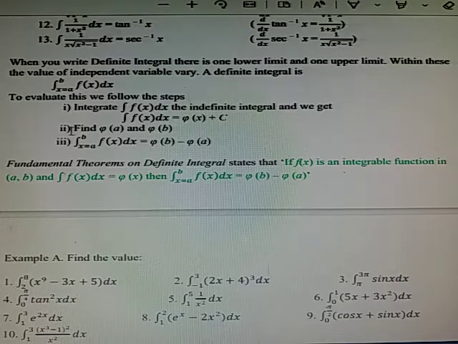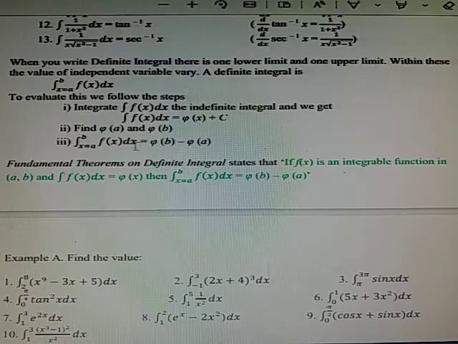Then you have to find phi b. You place b here, the upper limit, so it is phi b plus c, because c is a constant. And next you write phi a, because a is the lower limit.